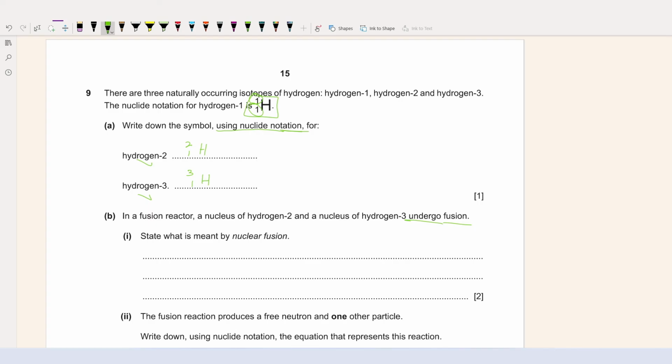The definition of fusion is, nuclear fusion is a process where smaller nuclei join together to produce a bigger nucleus.